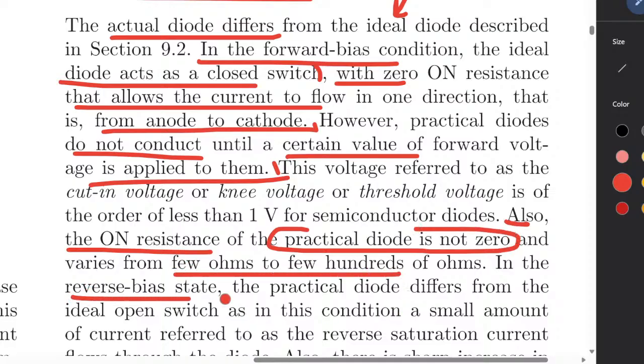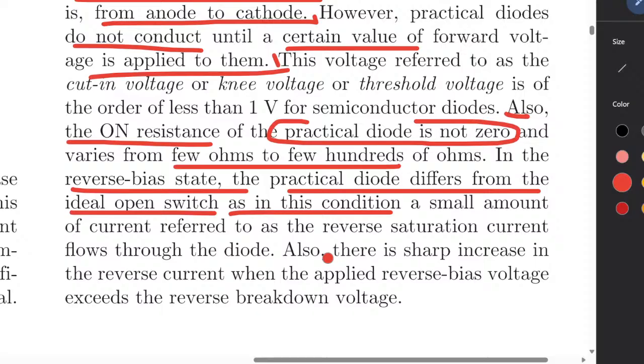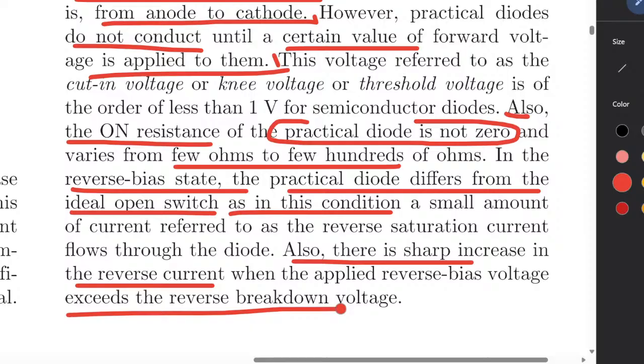In the reverse bias state, the practical diode differs from the ideal open switch as the current is small. Also, there is a sharp increase in the reverse current when the applied reverse bias voltage exceeds the reverse breakdown voltage.